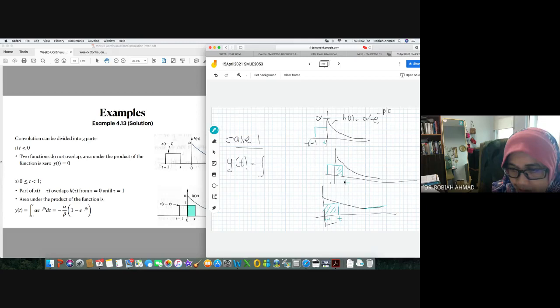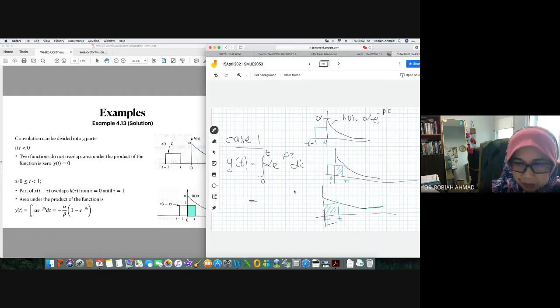Okay, overlap t to 0. So t to 0, so yang ni 1 times alpha e minus beta tau d tau.